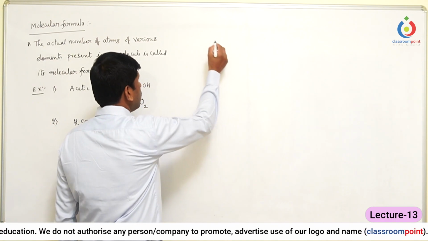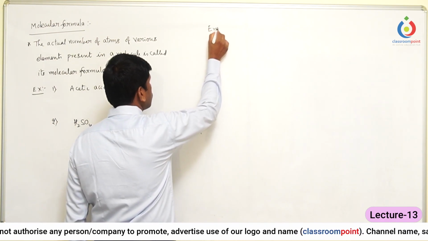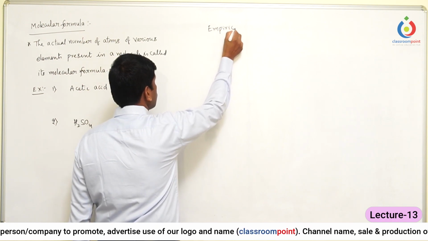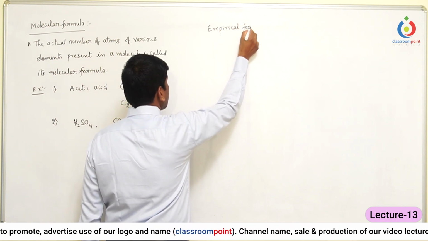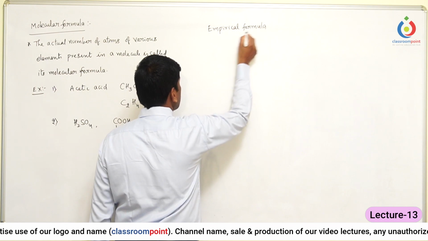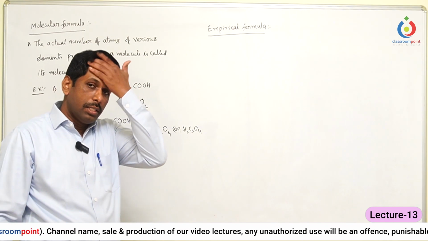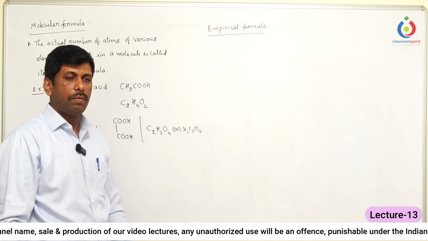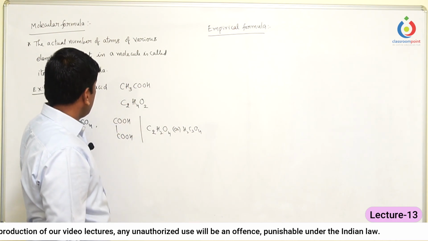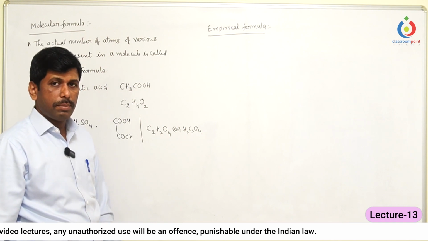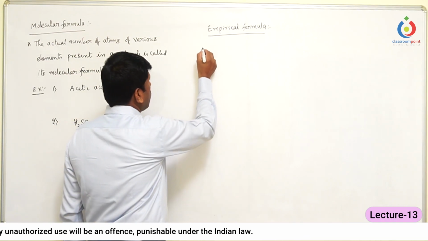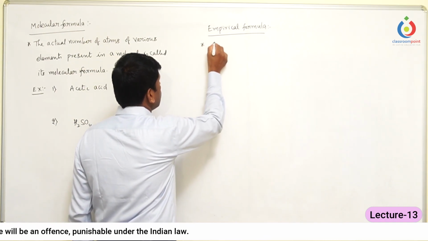Now let us see the empirical formula. Empirical formula is a little bit different from the molecular formula. Whereas a molecular formula says the exact number of atoms present in the molecule, empirical formula doesn't say that.